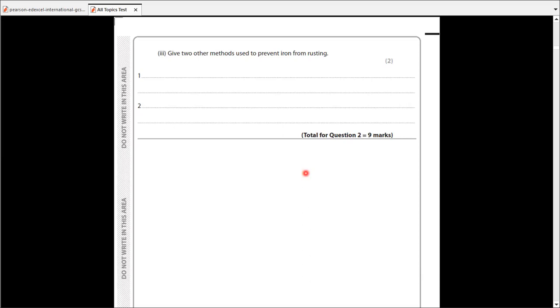Otherwise, apart from galvanizing and sacrificial protection, you may also electroplate iron with different elements, such as tin or chromium. Remember, we made an alloy of iron with chromium called stainless steel, which had a pretty good property of not rusting. That was because chromium was a part of the system.